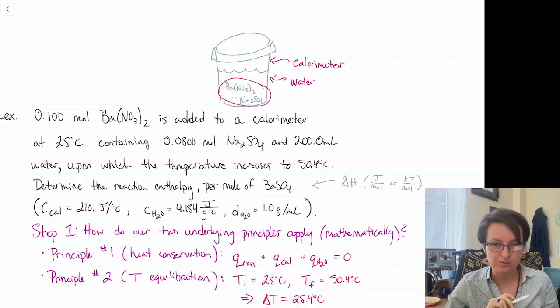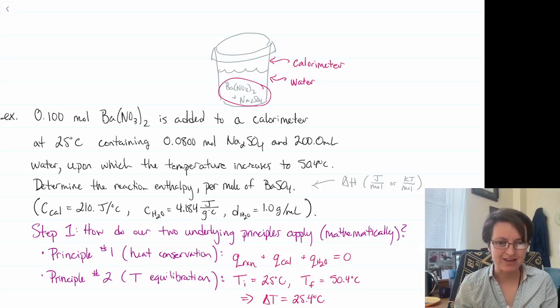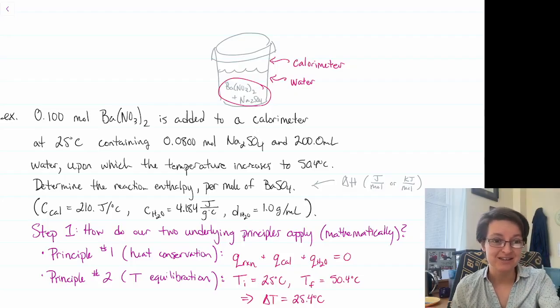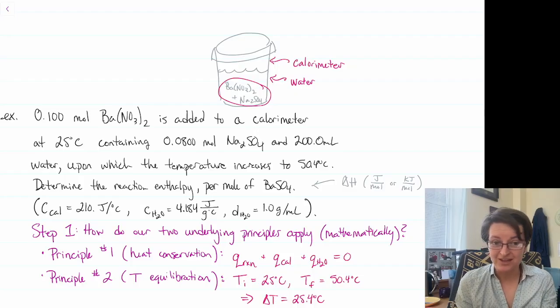Our second principle, which helps us think through the temperature equilibration, tells us that our calorimeter, before we added the other chemical, was at 25 degrees Celsius. But we didn't need to specify that both it and the water were at 25 degrees Celsius because they were in contact with each other. And so that means that they have the same temperature.